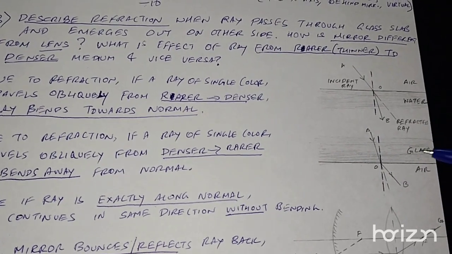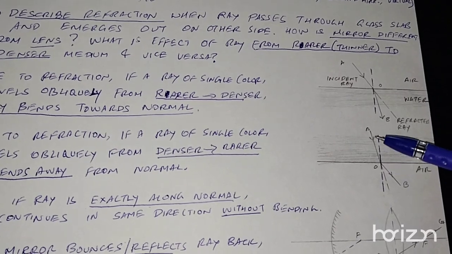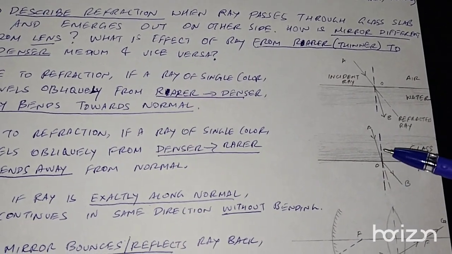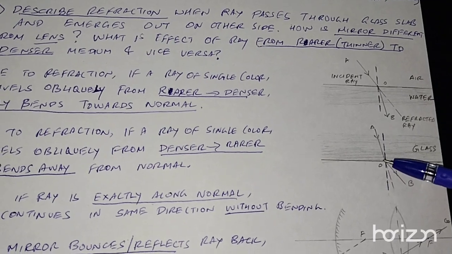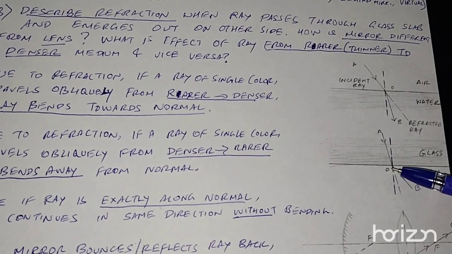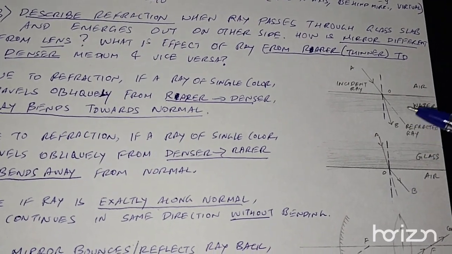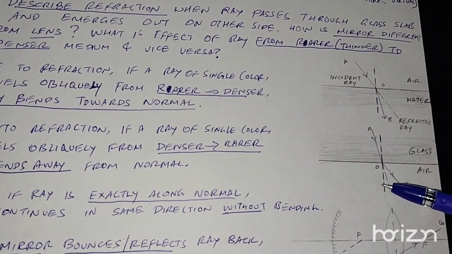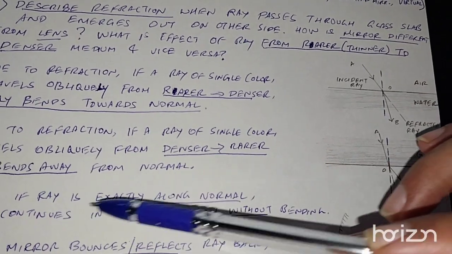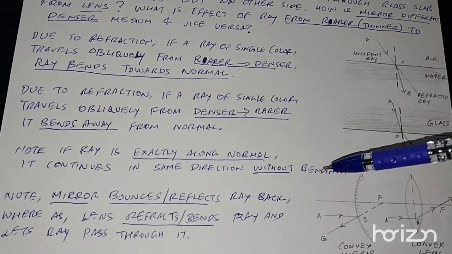Here we are going from glass to air, that is the incident ray is in the glass, and instead of continuing along its direction, because of refraction, it bends away from the normal. It goes along the direction OB, which is away from the normal. In the previous case it bent towards the normal, but in this case it is bending away from the normal. If the ray is exactly along the normal, it continues in the same direction without bending.